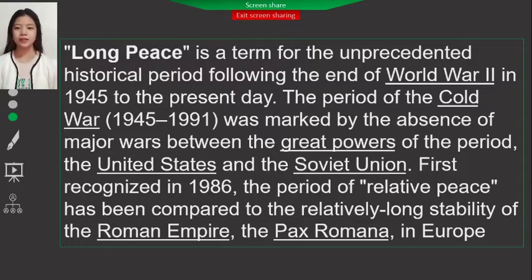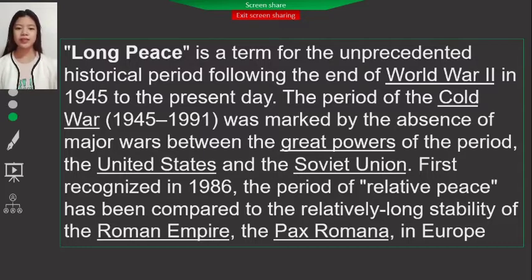Long Peace is a term for the unprecedented historical period following the end of World War II in 1945 to the present day. The period of the Cold War, 1945 to 1991, was marked by the absence of major wars between the great powers of the period, the United States and the Soviet Union.